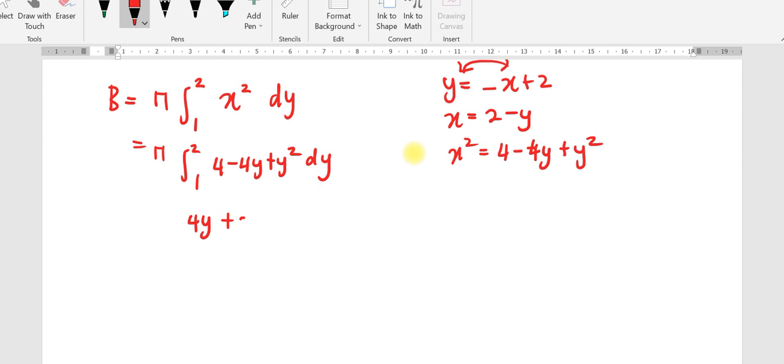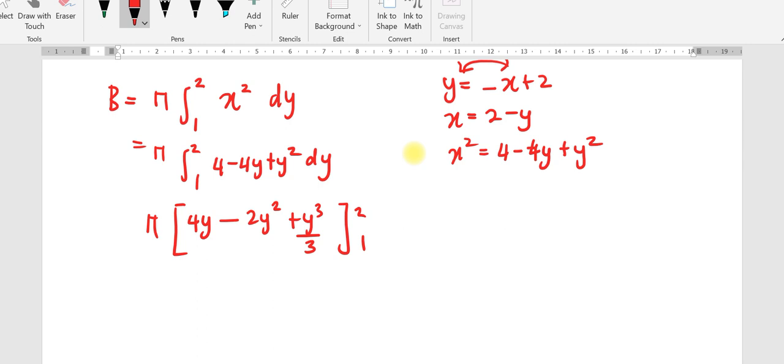So you get, sorry, it should be minus, right? Minus 2y square, because 4 divided by 2, I do in one shot. And then y cube over 3. And don't forget, you need to put 2 and 1 here. And then pi there. Okay, let's see what you get.